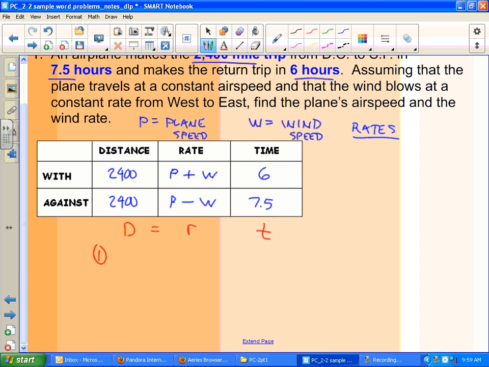So we can call equation number 1, 2400 is equal to P plus W, there's my R, times 6. Equation 2, same distance, and now the wind is pushing against the airplane, headwind, and it takes 7.5 hours.